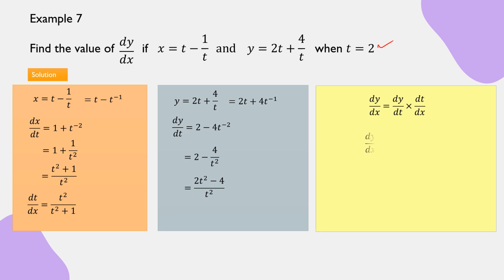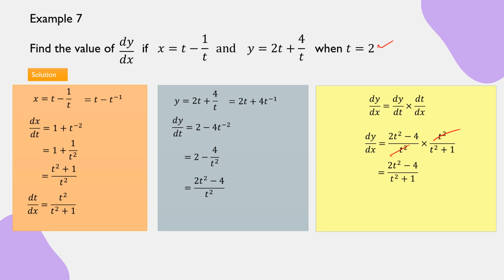Therefore, dy/dx equals dy/dt times dt/dx. dy/dt equals (t squared minus 4) over t squared times dt/dx equals t squared over (t squared plus 1). So t squared with t squared we can cancel.